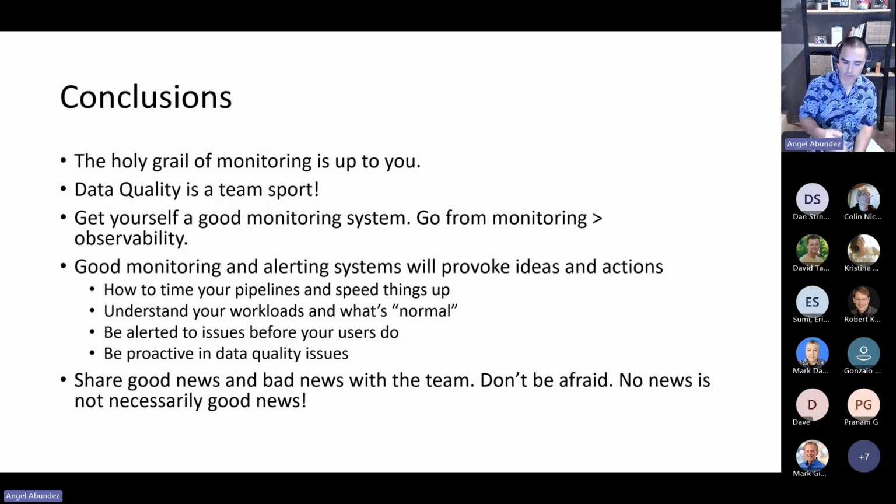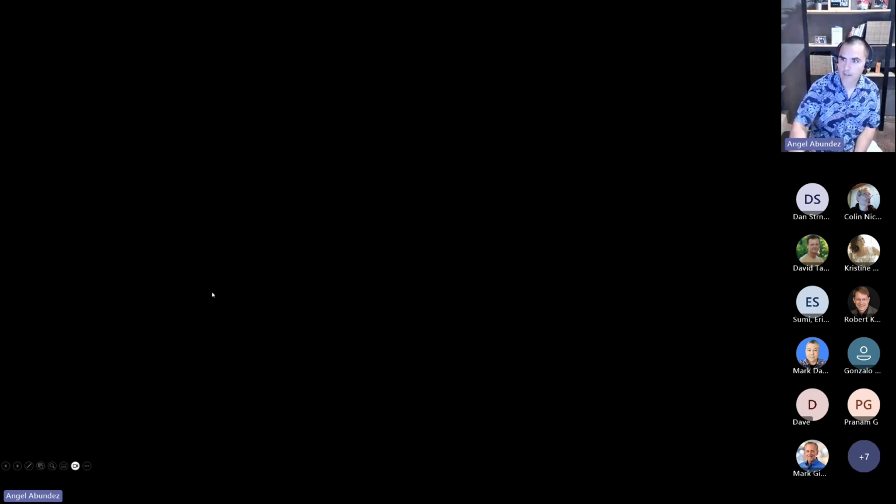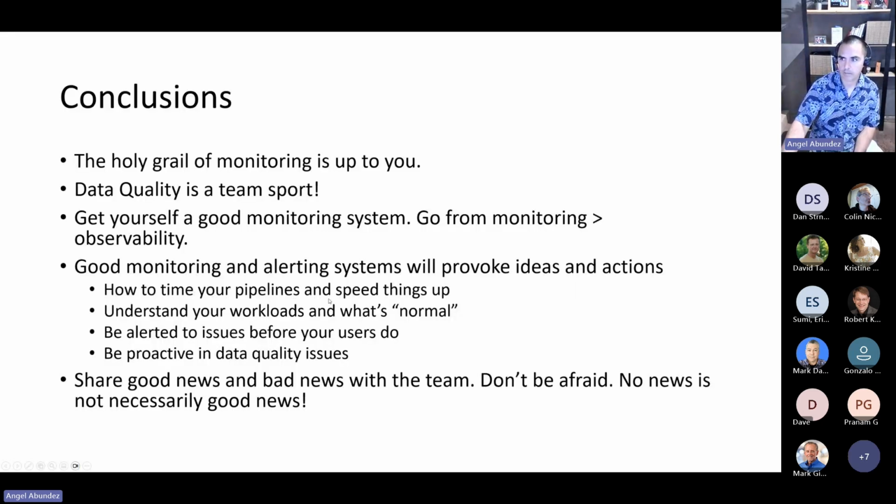But get yourselves a good monitoring system. Go from monitoring your system to really observing your system. Like I said, good monitoring and alerting will provoke ideas. I can't tell you how many times I've stared at these reports, and it gives me ideas on how to time our pipelines better and what we could speed up.